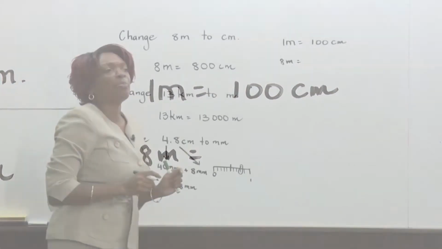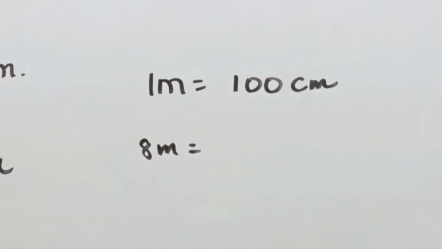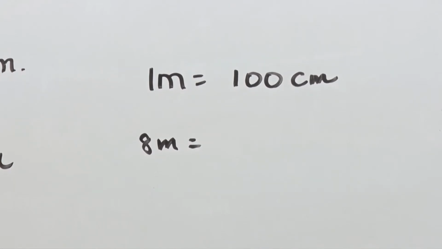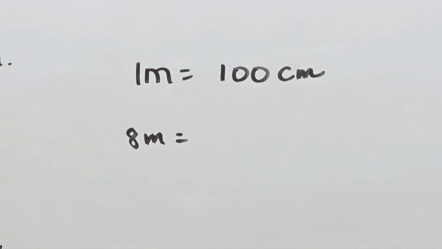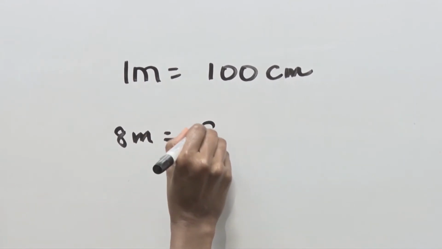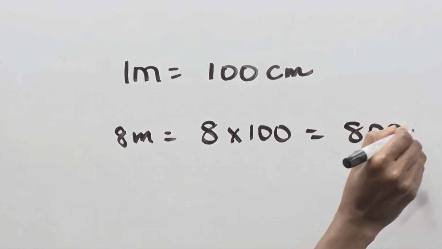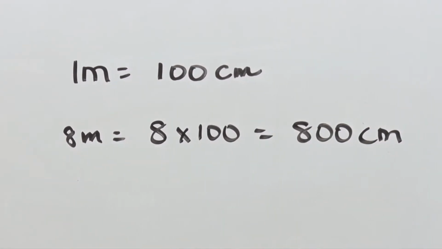How do we change 8 meters without using the board? Well, we know that 1 meter is equal to 100 centimeters. Instead of saying 8 times 100, guess what? Can we now multiply the 8 by 100? Yes, we can. And there you get your 800 centimeters.